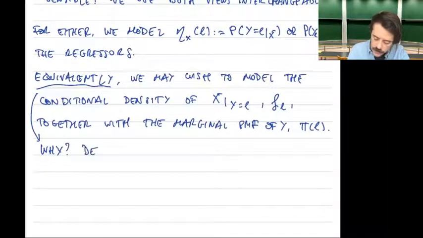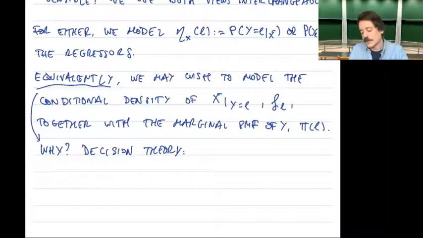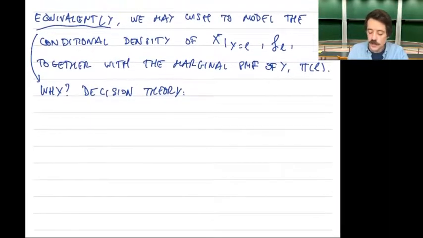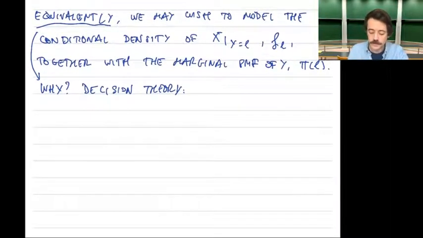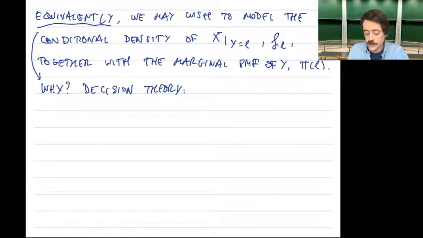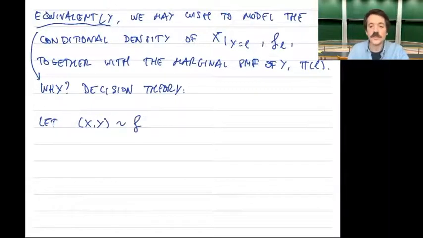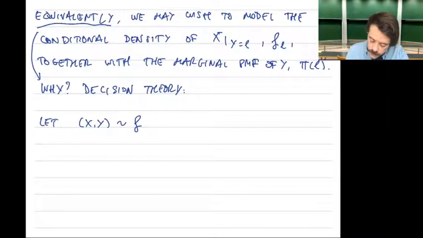So let's look at decision theory again. The following discussion is slightly lengthier in the PDF notes, and it's all interesting in itself, but the key bit is what I'm going to mention now. Let these two follow this joint density.